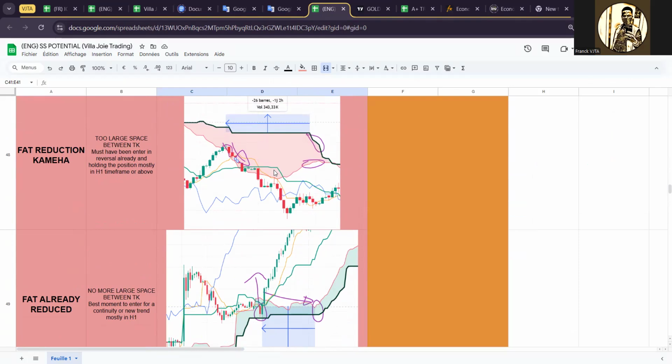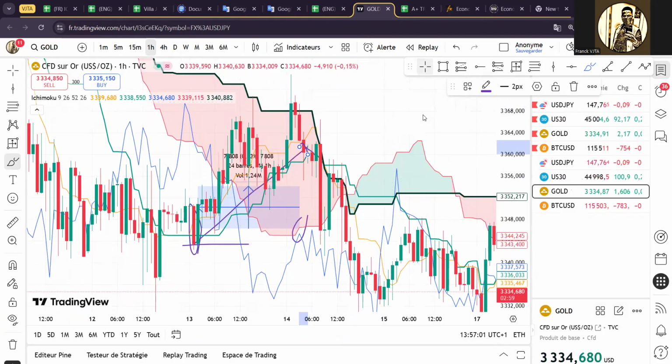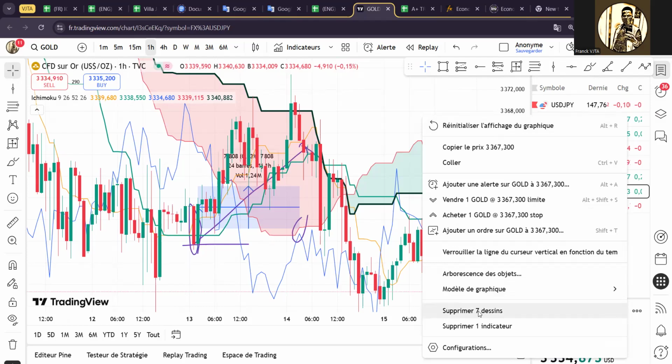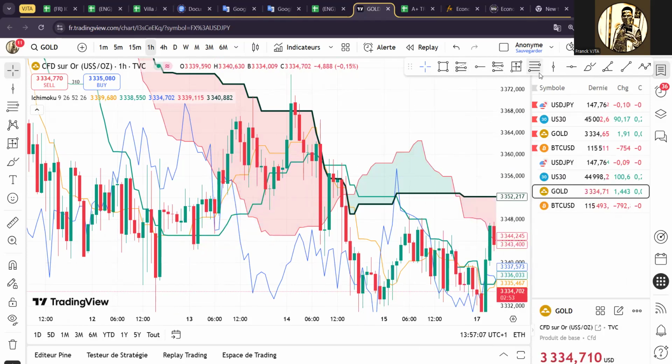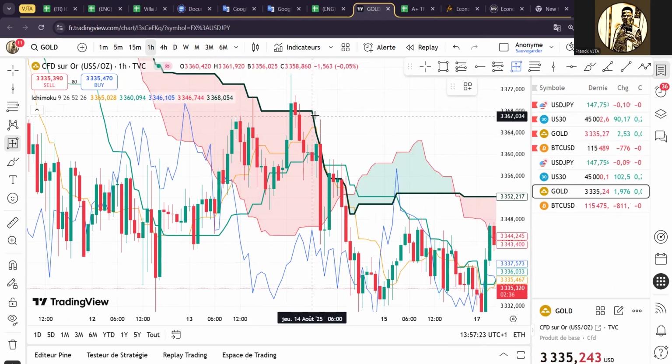And then you have also the fat reduction Kamehameha, which is simply when it starts to reduce like this. The Kamehameha is what everybody who watched the manga, the animes knows, Dragon Ball, like Vegeta in Dragon Ball shooting Kamehameha, right?